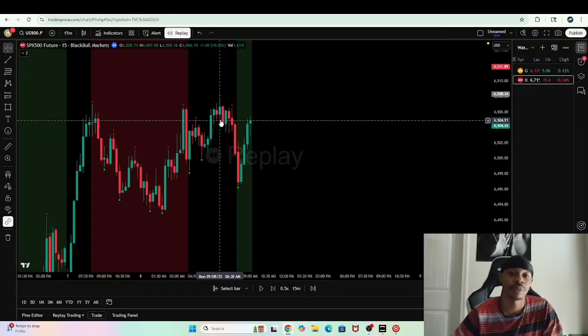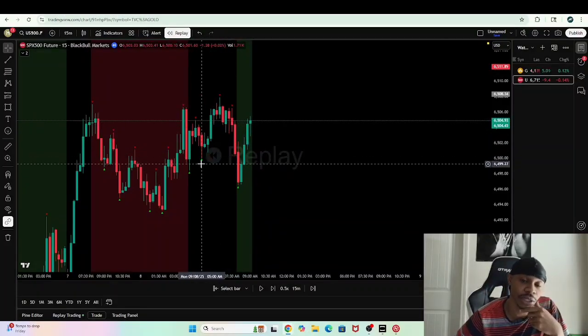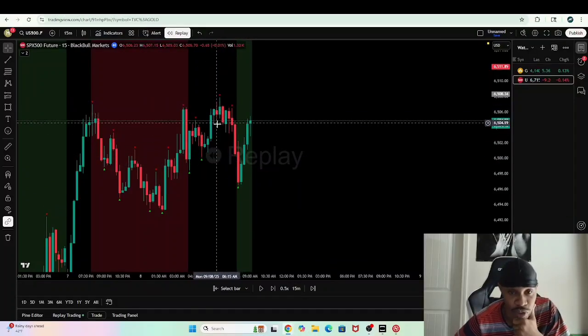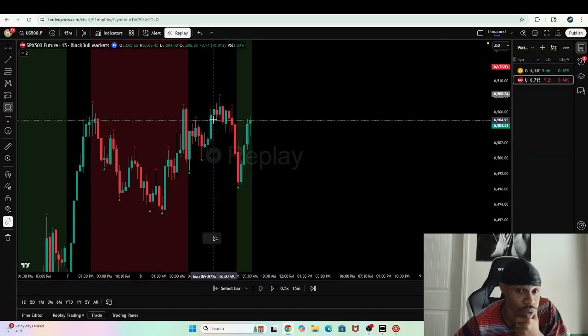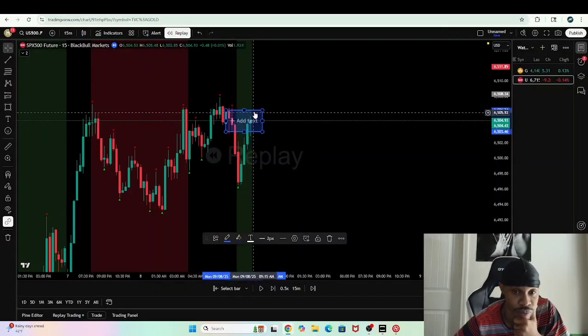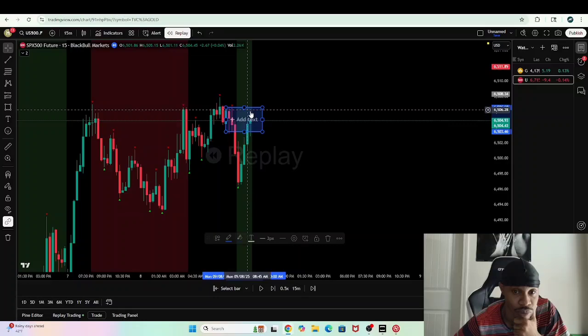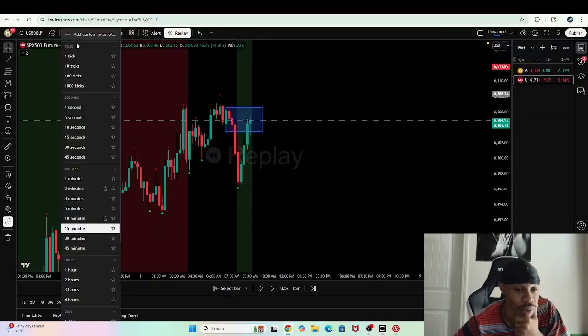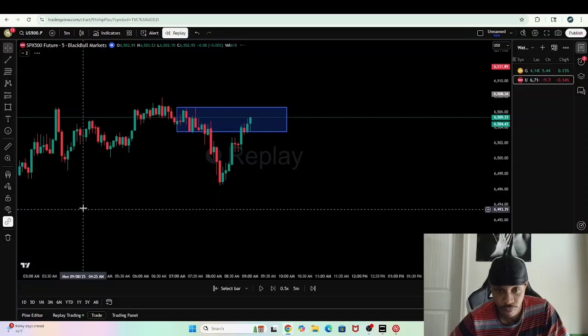So by price coming down and breaking this previous recent low, that tells me this right here is a supply zone, so I will be looking for sells. Okay, so I'll go down to the 5-minute.